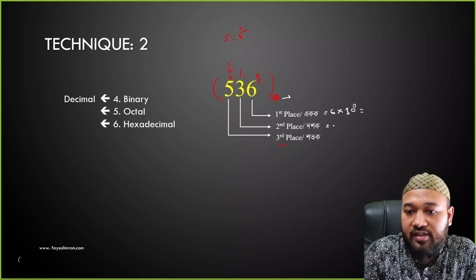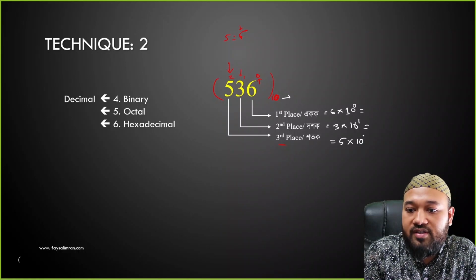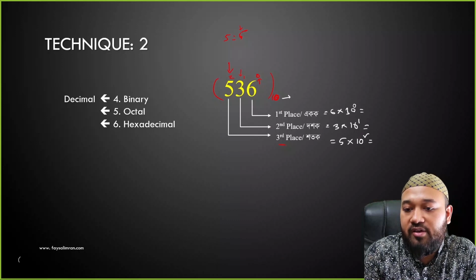Also I write 3 times the base 10, the power is 1 for 3. Also I write 5 times the base 10, the power is 2. So the equation should be 6 times 10 to the power 0, which means 1.